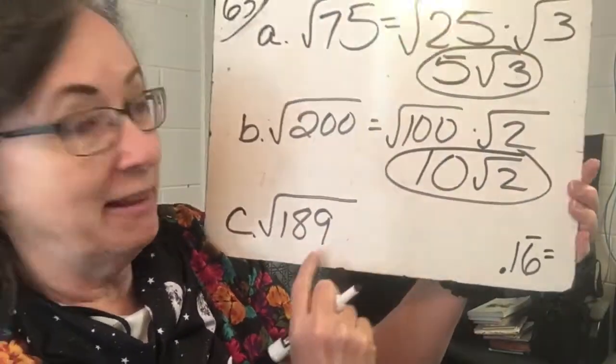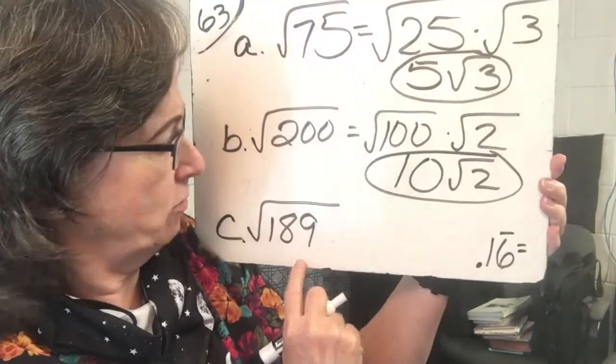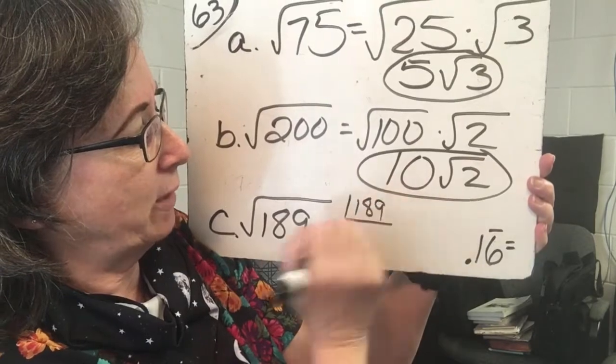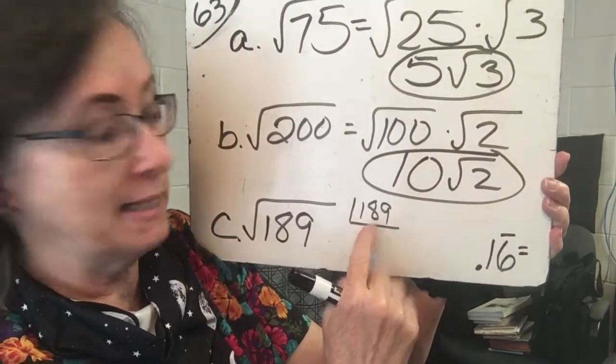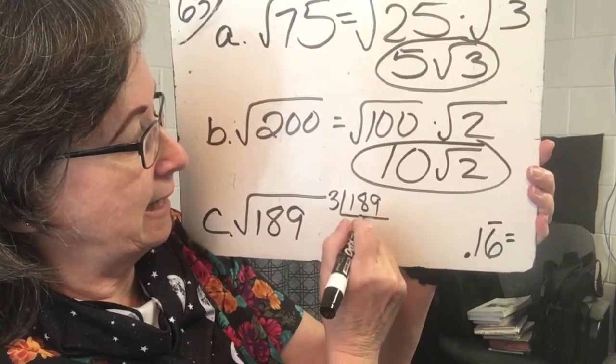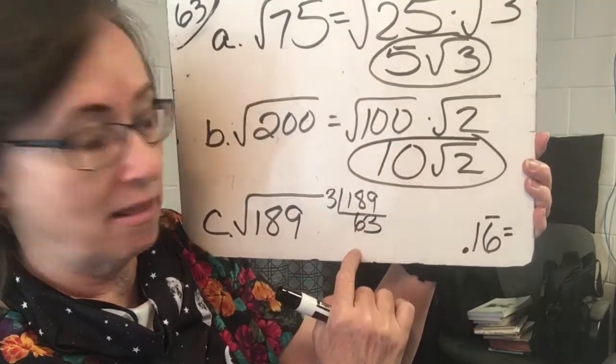Okay, and then the square root of 189. I don't know this one, so I'm going to take 189 and look at it and say, oops, it's divisible by 3, and 3 goes into 18 6 times, and 3 goes into 9 3 times, so 63.